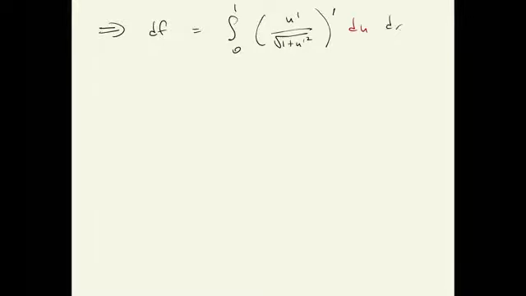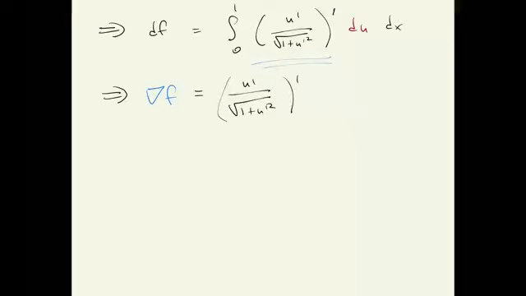So now df is just the integral from 0 to 1 of u primed over square root of 1 plus u prime squared, primed, times du dx. So our gradient is just this thing here. It's the thing we're taking the dot product of du with to get the solution. So it's just u primed over square root of 1 plus u primed squared, primed.